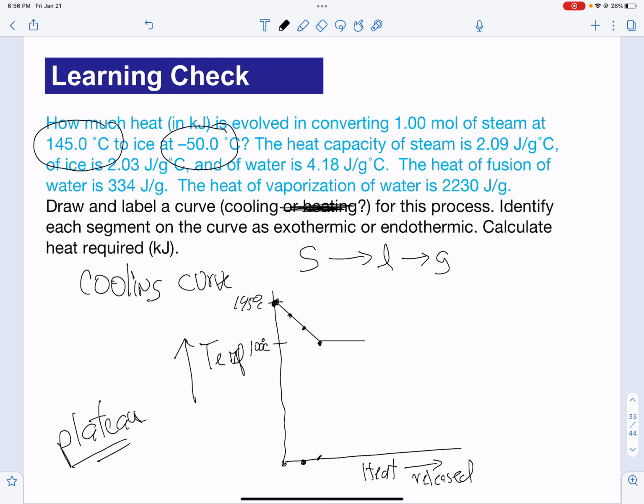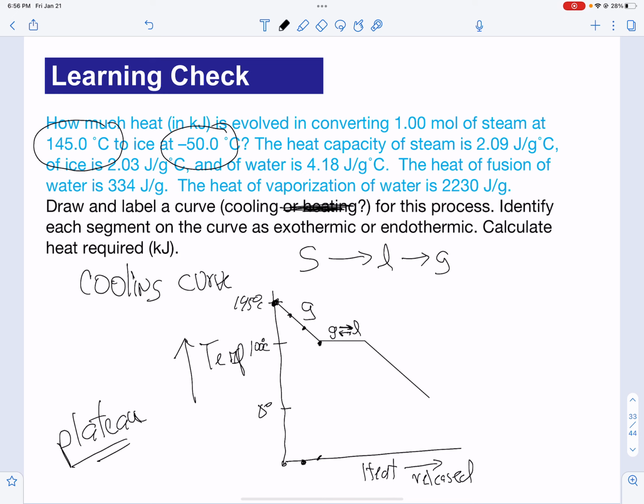So this is the gas above 100 degrees, and here you have gas and liquid in perfect equilibrium, and this is happening at 100 degrees Celsius. Once all the gas has condensed into the liquid, then the temperature continues going down until it reaches what temperature?